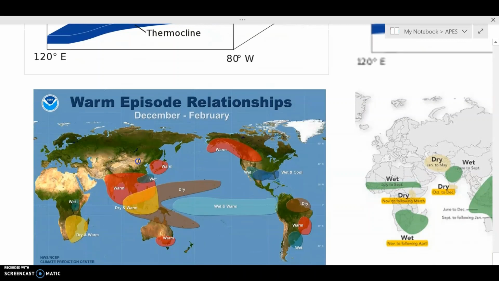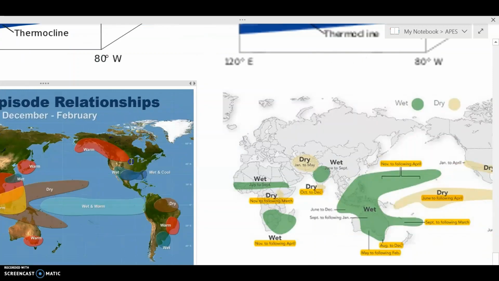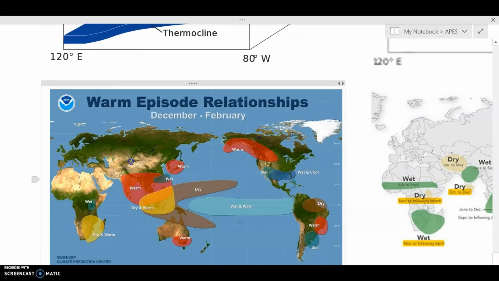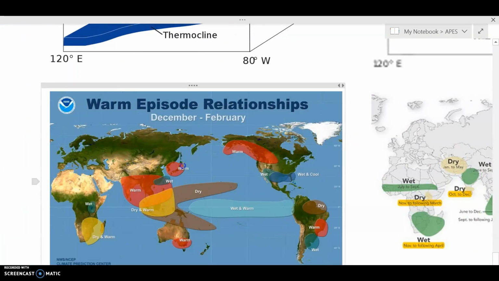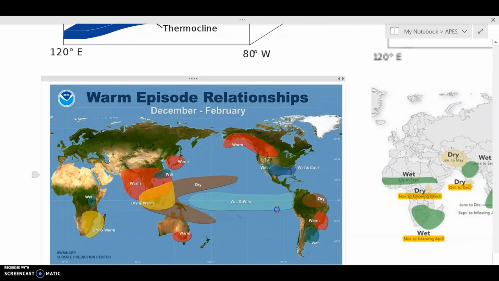So this is what to expect with an El Nino condition, in which this area is wet and warmer than usual, and this area is drier and warmer.